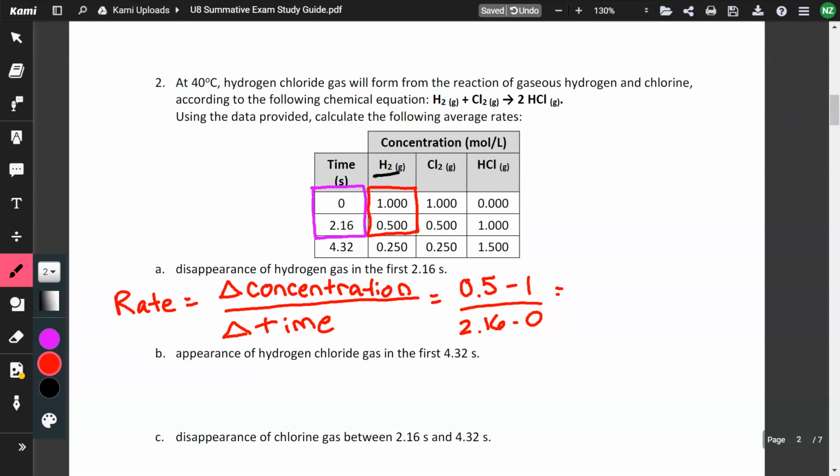Okay, so when we do our math here, 0.5 minus 1 is going to give you a negative 0.5 over 2.16. So that'll give me a rate of negative 0.231 molarity per second. So if it's disappearing, it's at a rate of 0.231 molarity per second.